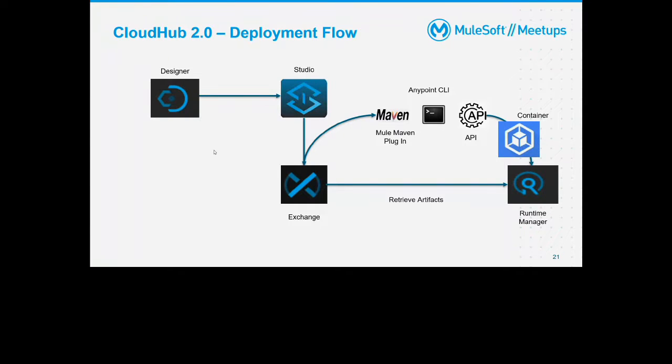One is that maybe your application name is conflicting with some of the Exchange assets. Suppose your application name and your jar name is hello world, and in Exchange, MuleSoft has already provided an example application named hello world. Then it fails because it is not allowing you to publish your application on Exchange underneath.